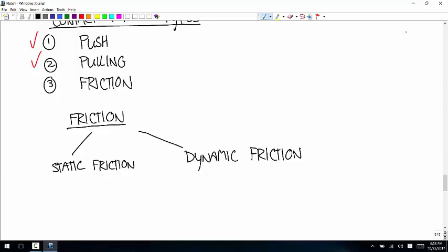Now say I'm applying 2 Newtons of force. And now the table's applying exactly 2 Newtons of friction force back the other way to still keep it from accelerating. So static friction is, when the things are not sliding relative to each other, the friction is applying whatever force is necessary to keep it at rest. That's sort of a weird thing, but that's how it works.